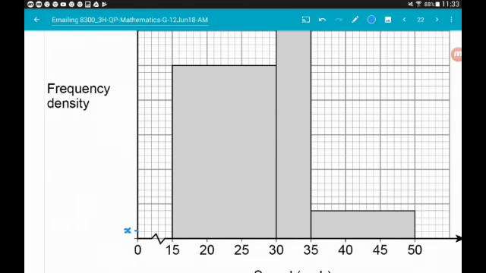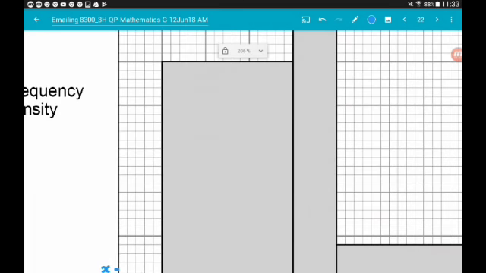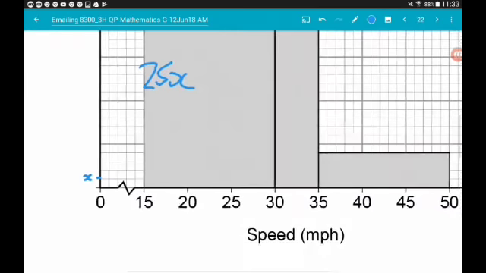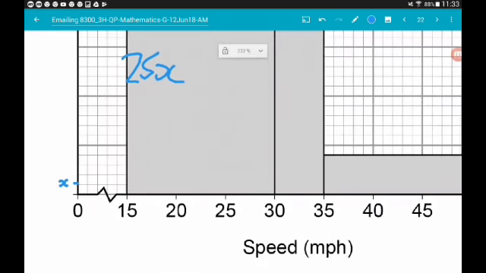So this first bar is 1, 2, 3, 4, 5 big squares high. Now each big square is 5 little squares. So the height here is 25x and the width along the bottom is 15.